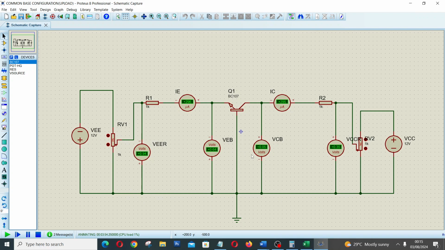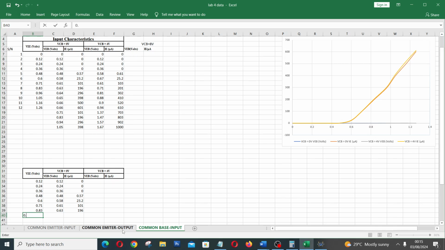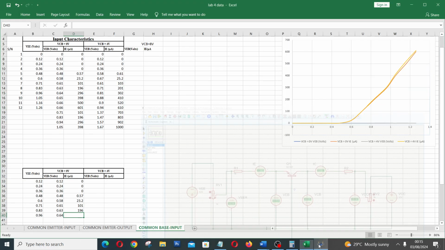So when VEE is 0.94, our VEB equals 0.64 and our IE is 296 microamps.